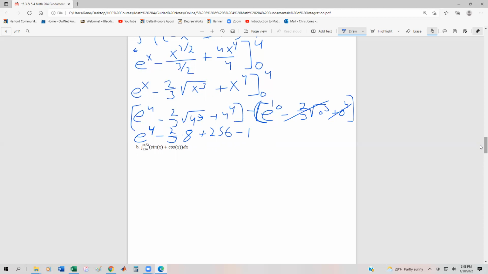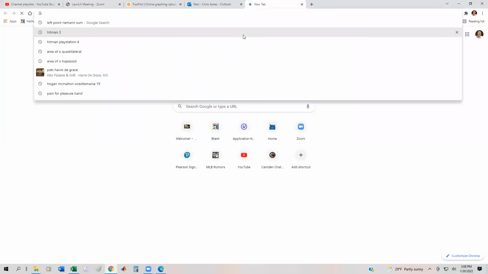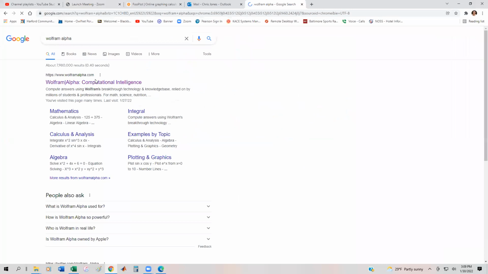So essentially, we just end up with e to the 4th, and then this is going to be 16/3, and then 256 over 3, or 255. We're going to have to compute that really quickly. I'm going to use Wolfram Alpha to do that, since I'm out of room.